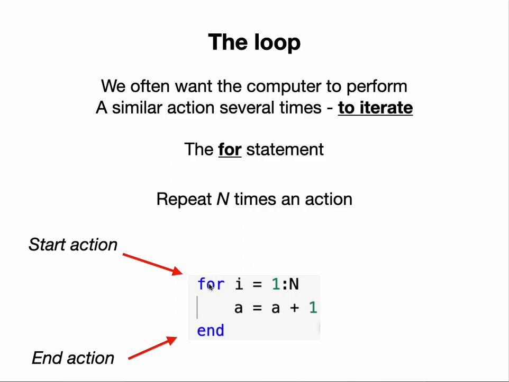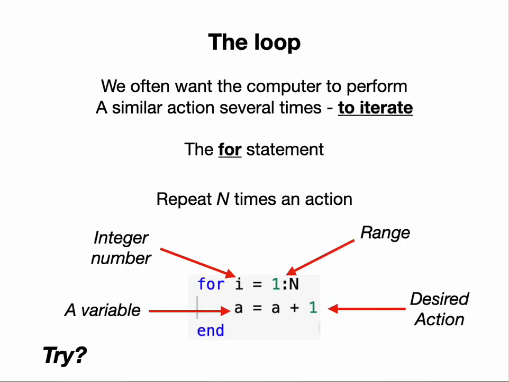And the for statement will be contained within a block that starts with the for and ends with an end. Next to the for, you will give an index. And this index will vary within a range. Between these two lines, you have the action that will be repeated.